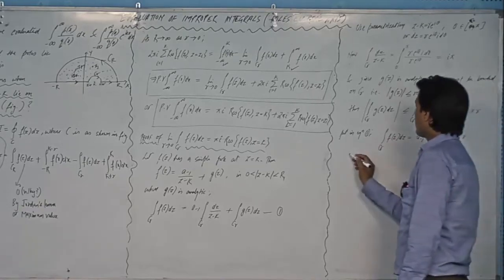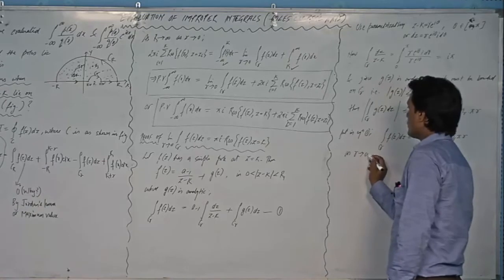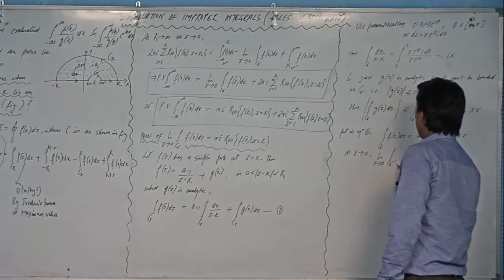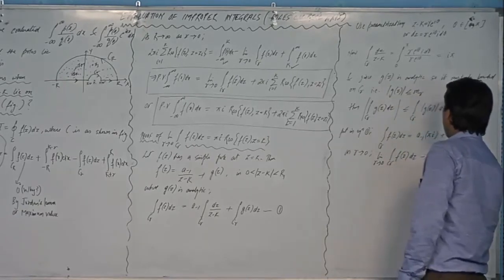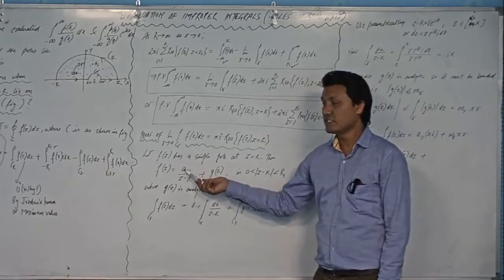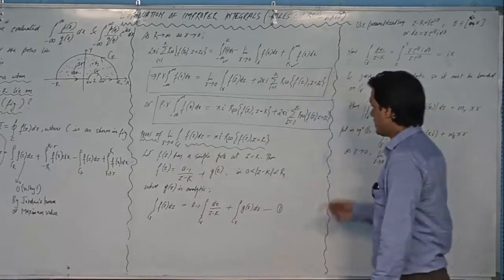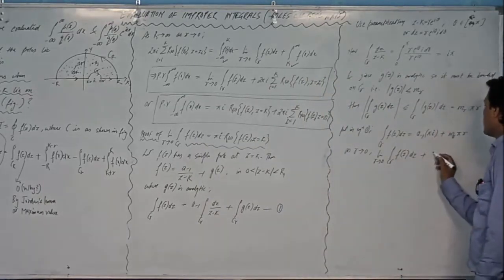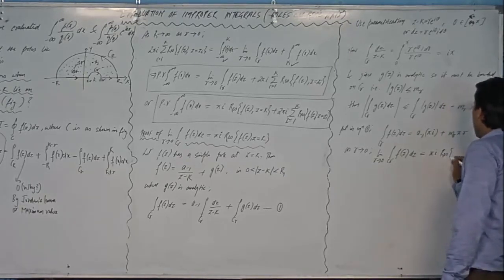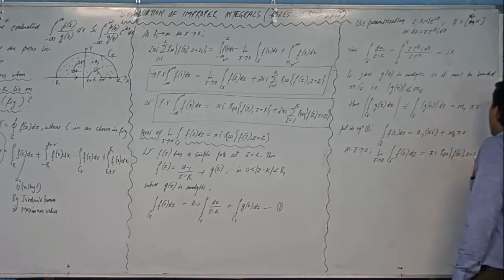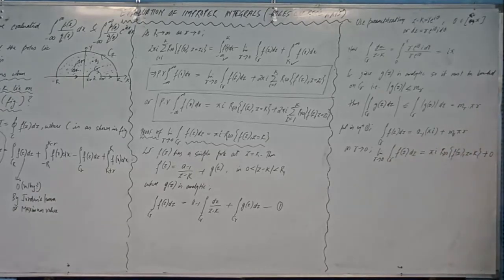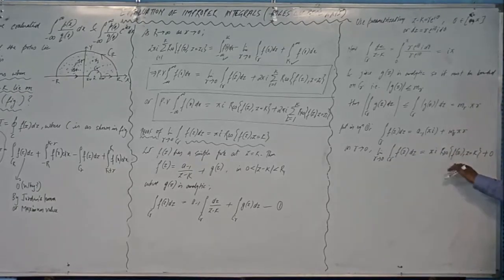Now as r tends to 0, I apply the limit, and a minus 1 is the coefficient of 1 over z minus k, which has a special name called residue. So in place of a minus 1 I write residue, and the limit becomes pi iota times the residue of f(z) evaluated at the pole z equal to k, and the other term goes to 0 as r approaches 0. So ultimately you have proved this result.